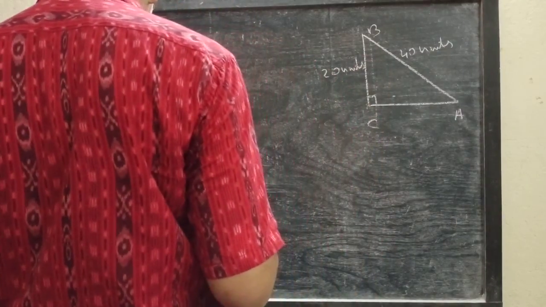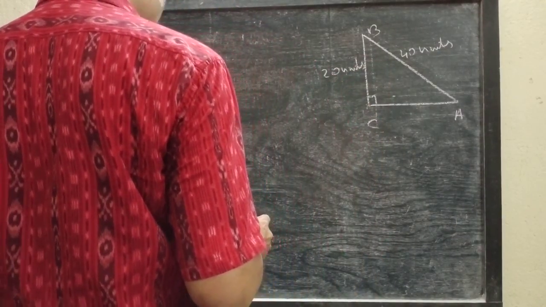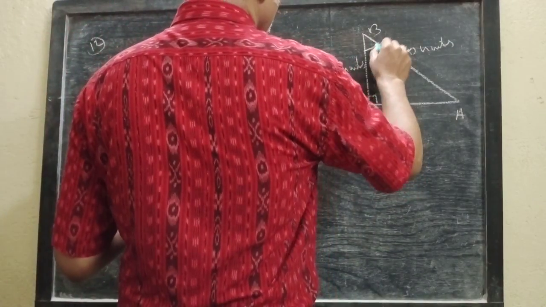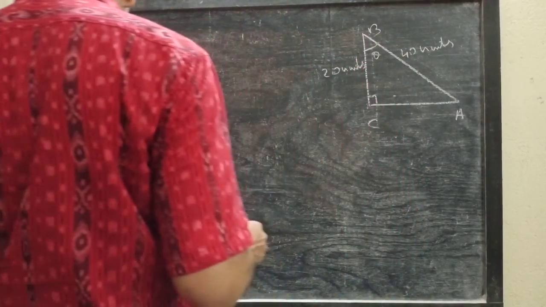BC is 20 units. Angle ABC is theta. This angle is of measure theta.